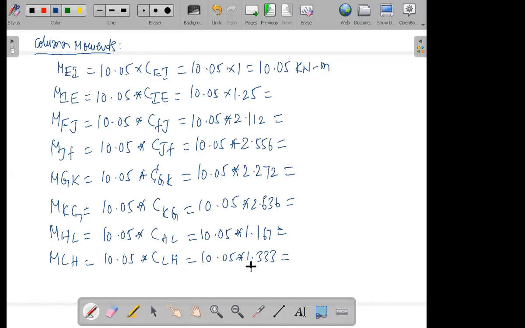Please calculate and tell me what is the MIE value. Sir, MIE is 12.5625 kilonewton meter. MFJ is 21.22 kilonewton meter.